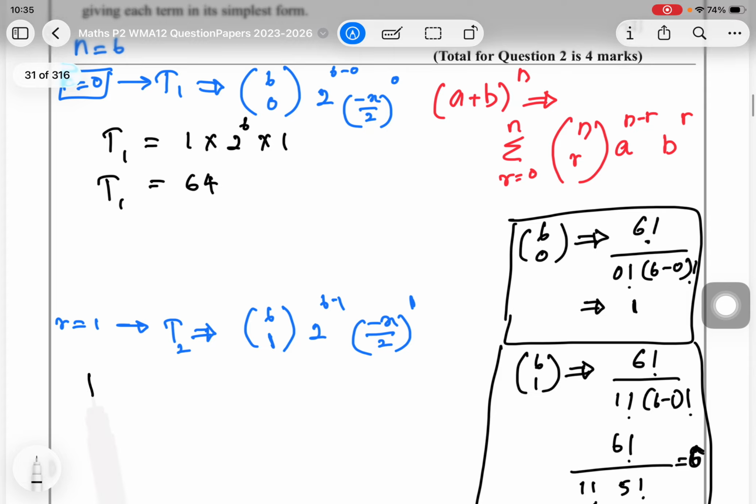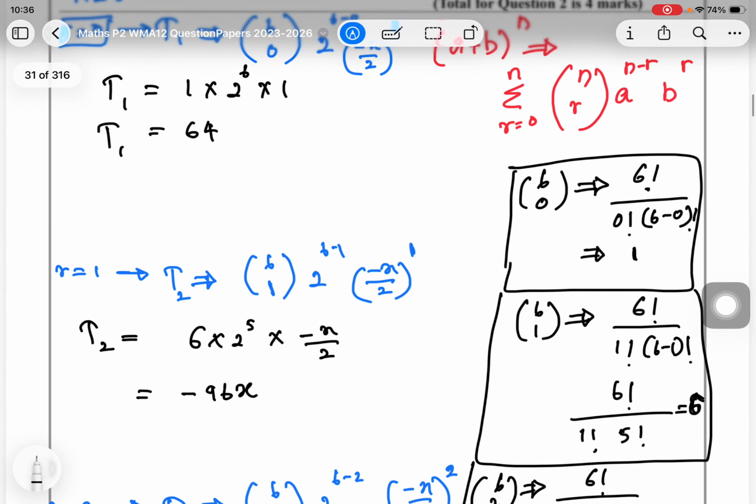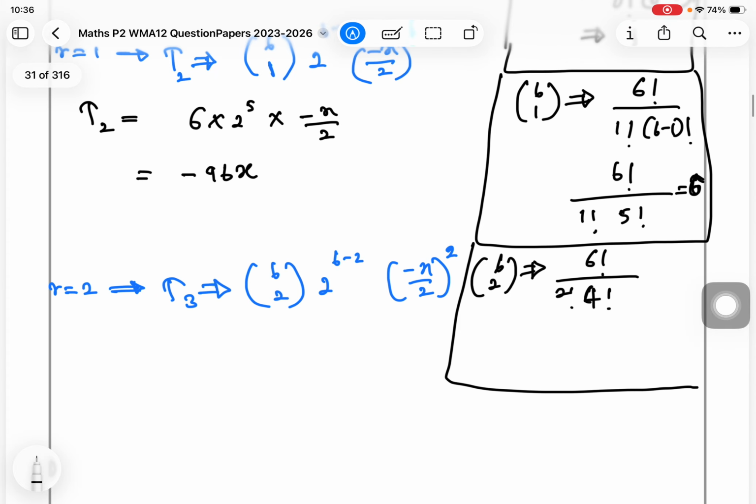Now let's go with T2. We have 6C1, which is 6 times 2 to the power 5 times negative x divided by 2. So that would give us negative 96x. You can do the number stuff separately.